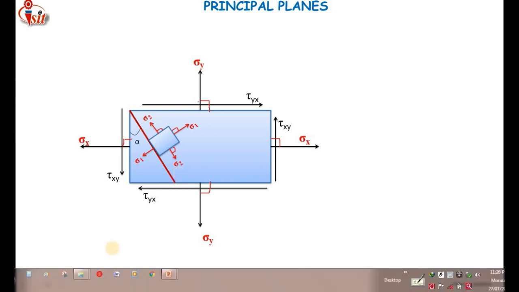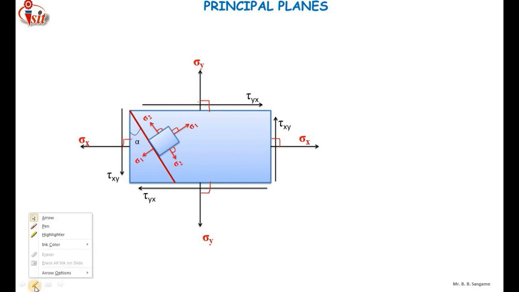Now here I'm going to draw an element. Consider this element as the total component, which is subjected to triaxial loading.